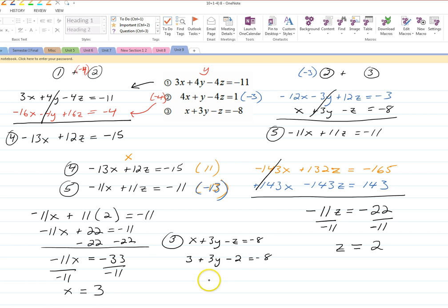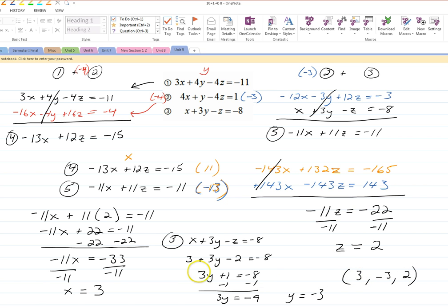So 3 minus 2 is going to give us 1. Minus 1 to both sides. Divide by 3, and we get y equals negative 3. So my answer here is 3, negative 3, positive 2.